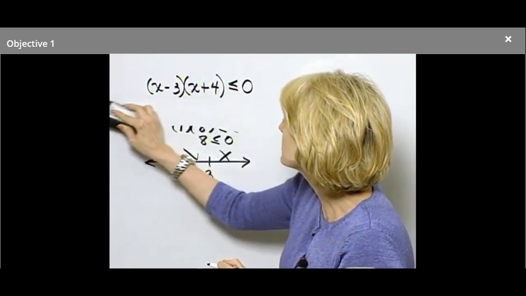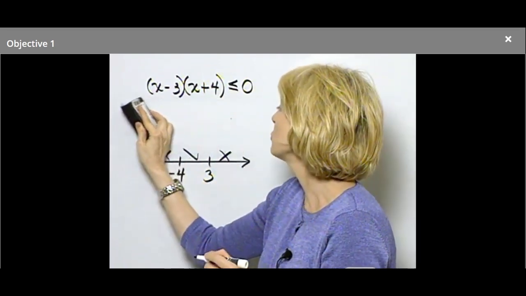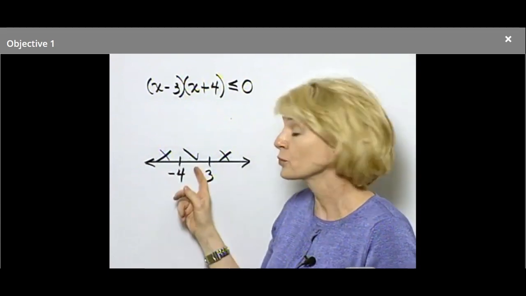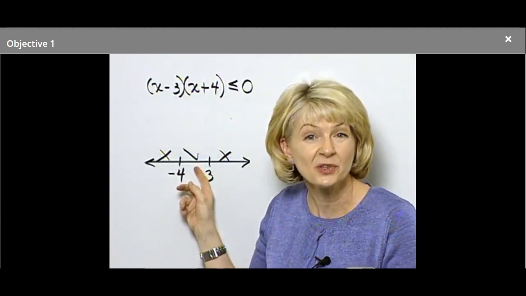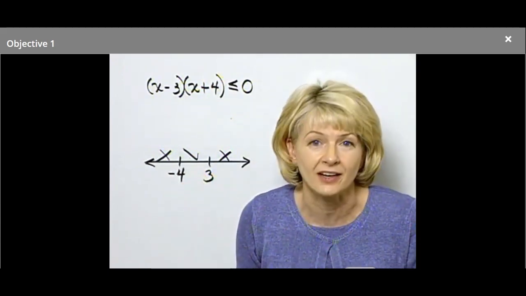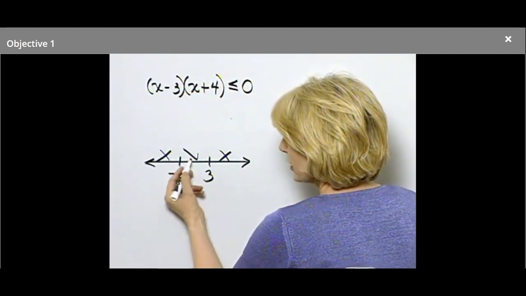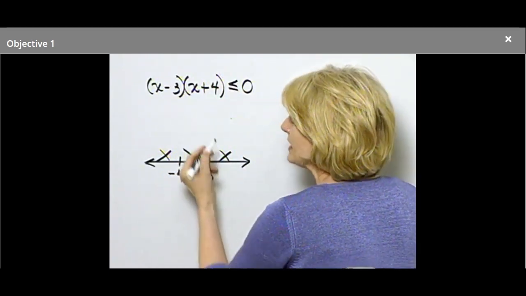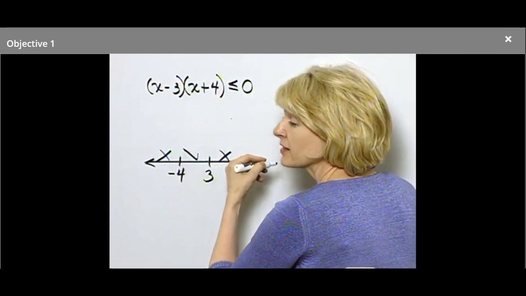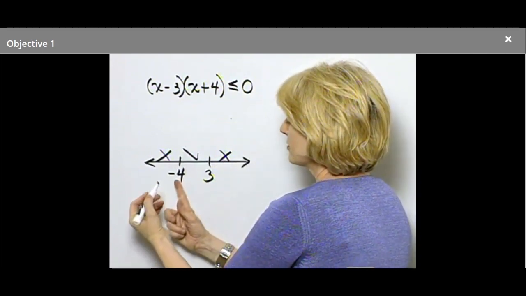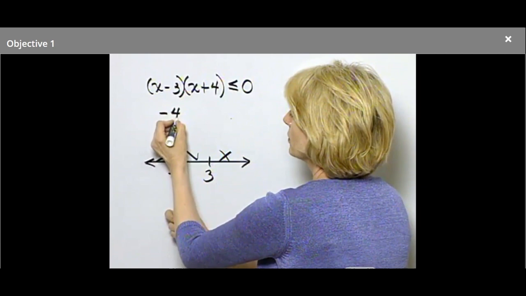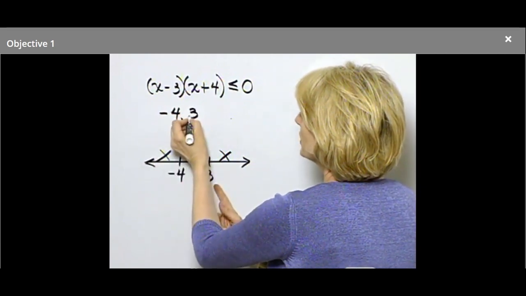And now what we do is the following. We just simply write down those regions that are solution regions, the ones we checked. The only region I checked was this one, so I will write down in interval notation then the solution region. I start at -4 all the way to 3.